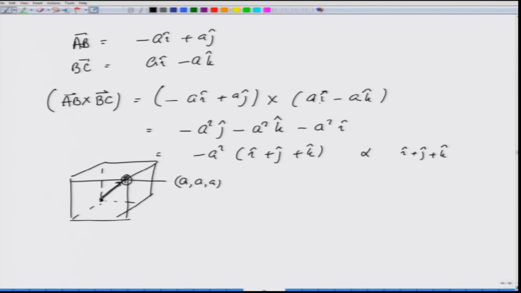So, this diagonal vector is a i plus a j plus a k, again proportional to i plus j plus k. So, notice AB cross BC was proportional to i plus j plus k, although in the negative direction, that is okay, and the diagonal is in this direction, so both are parallel. That immediately tells you that the diagonal is perpendicular to the plane.